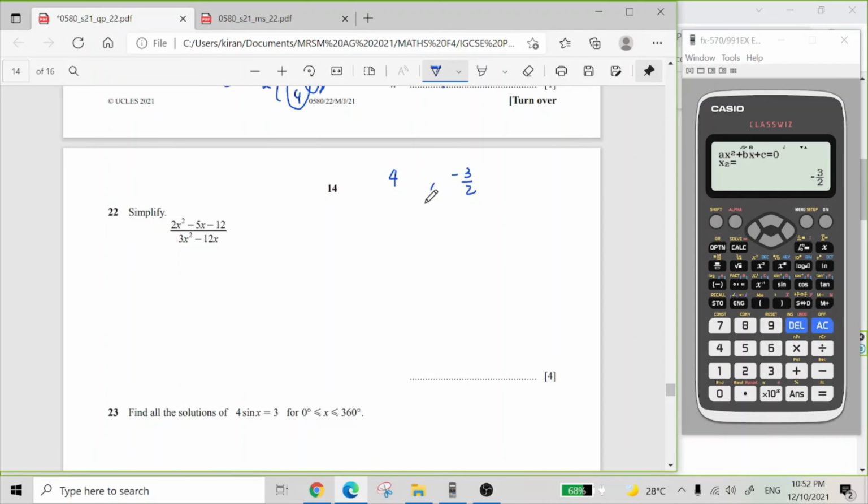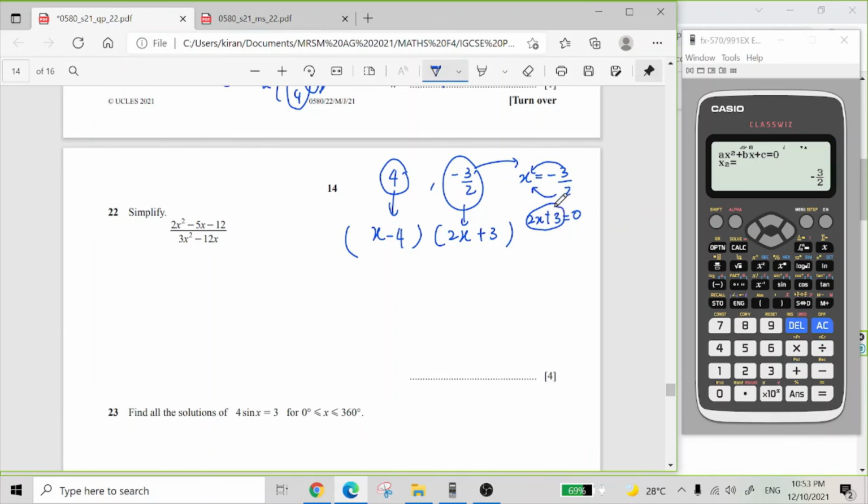So you have to form the factorization from the roots. So here it will be x minus 4. And then -3 over 2 will be 2x plus 3. Actually this part you just equate x equal to -3 over 2, and then multiply by 2, and then you bring -3, so 2x plus 3 equal to 0.